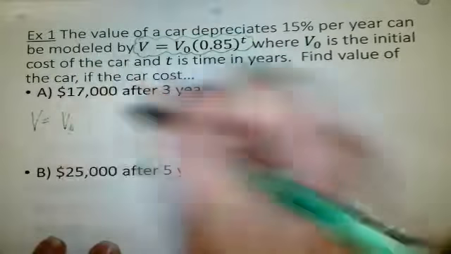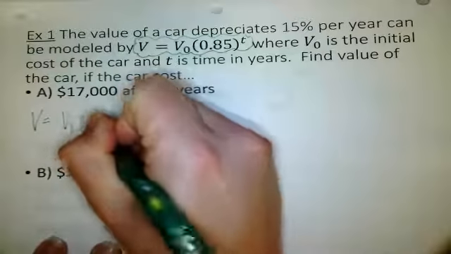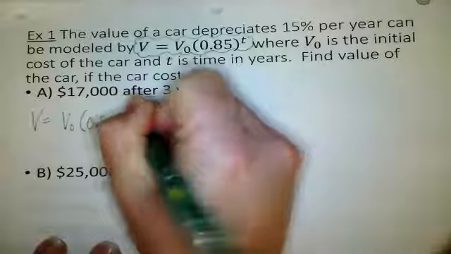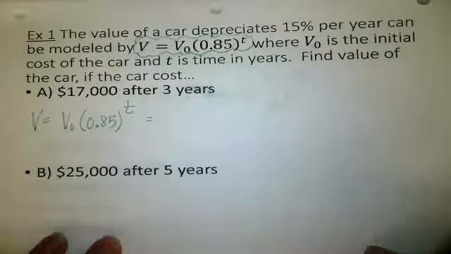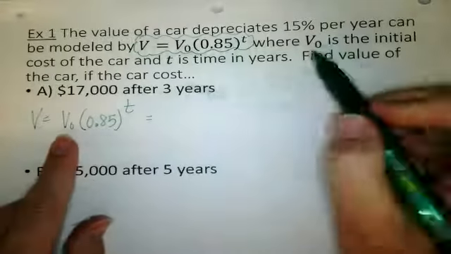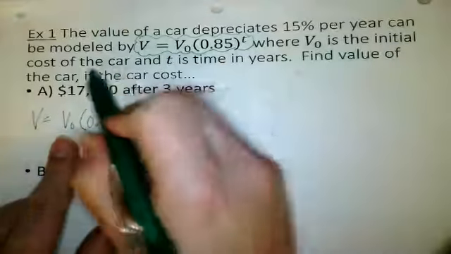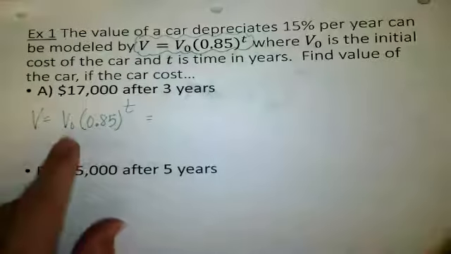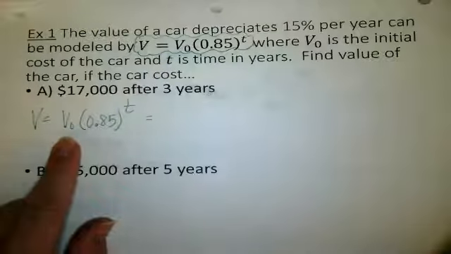But I have V equals V naught times 0.85 to the T. This is the model we're going to use, and we just need to plug in what we know. It says V naught is the initial cost of the car. That's the initial value, the starting value of the car. So what should we plug in place of V naught?